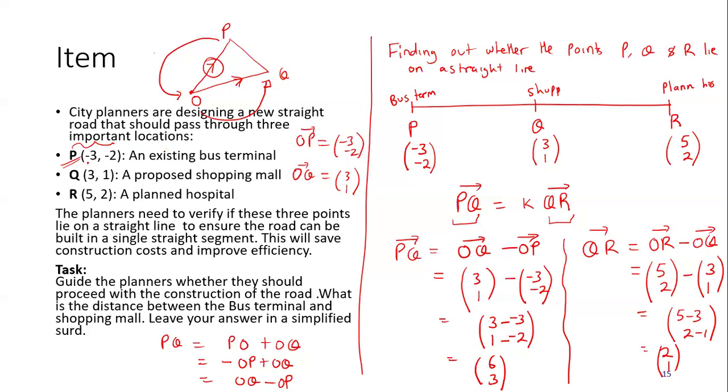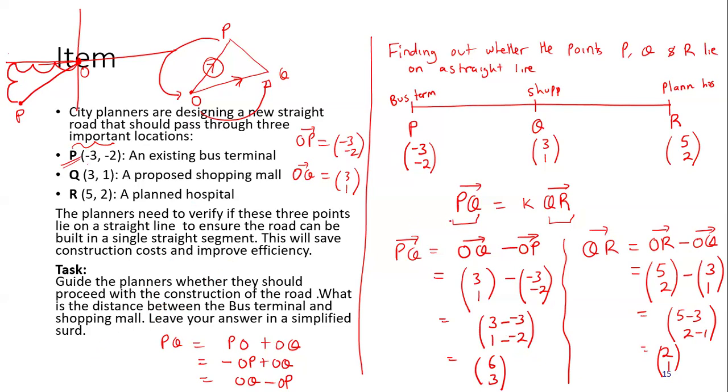For you to locate where -3, -2 is, let me take you to the Cartesian plane. I always start from the origin. -3 means I move 3 steps to the left: 1, 2, 3. Then I move 2 steps down: 1, 2. So I place my point P here. But where did we start from? We started from the origin. I hope you're picking the idea. Yes, I have picked. So that's why we start with O going towards the other point.